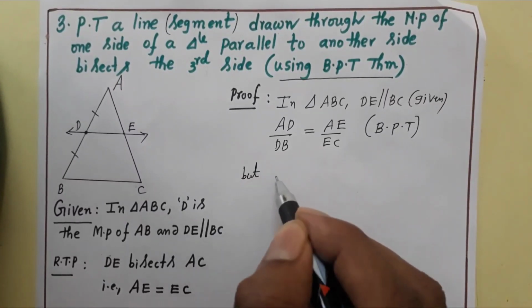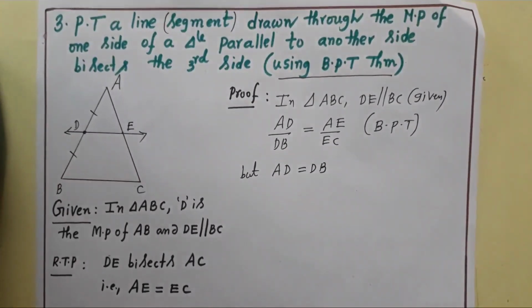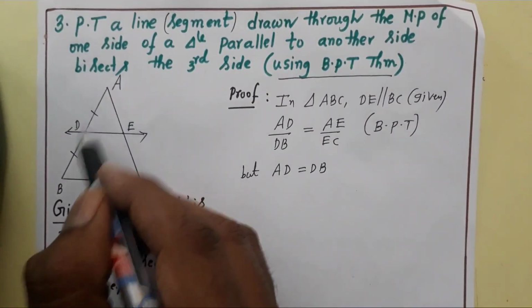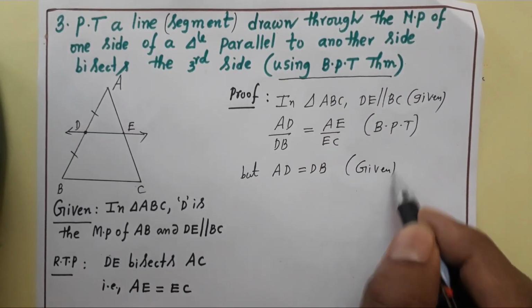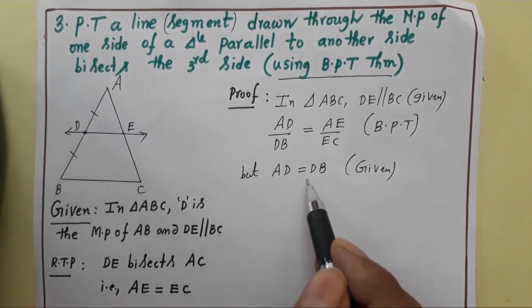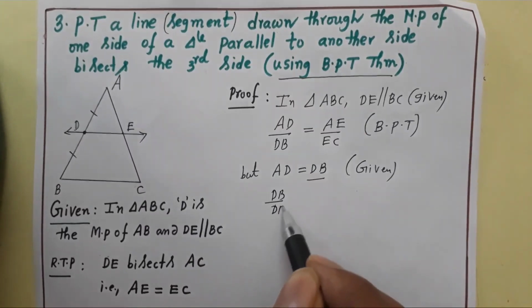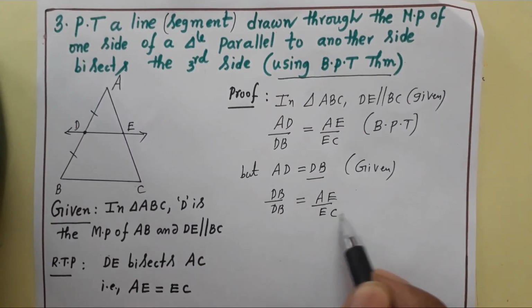But AD is equal to DB because it is given D is the midpoint of AB. That means these both are equal. This is from given. So in this equation, in the place of AD, you write DB. So it becomes DB by DB is equal to AE by EC.